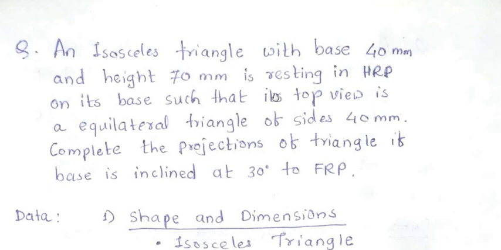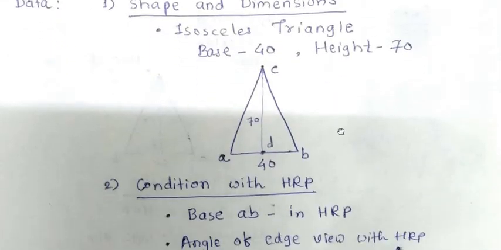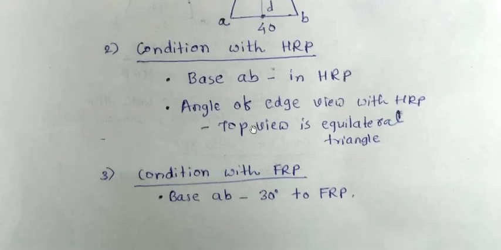We have to interpret this part of the problem as that given plane is at the inclination with HRP with such an angle that after that inclination its top view is appearing as equilateral triangle of sides 40 mm. So inclination is given in the form of end result of shape of the top view. So inclination is such that after that inclination top view is equilateral triangle.